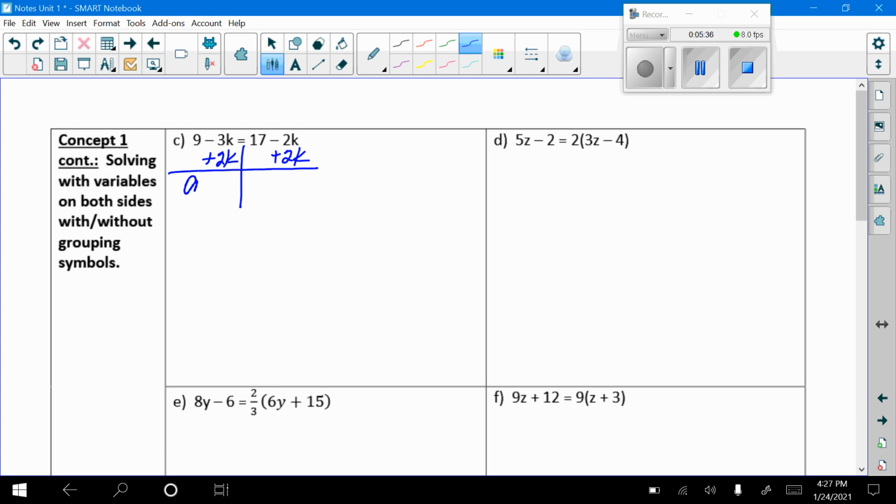Now I have 9 minus 1k is equal to 17. So I move my variables. Now let's move those constants. Take away 9, take away 9. So negative 1k is equal to 17 minus 9, which gives me 8. And divide by negative 1. So k is equal to negative 8.